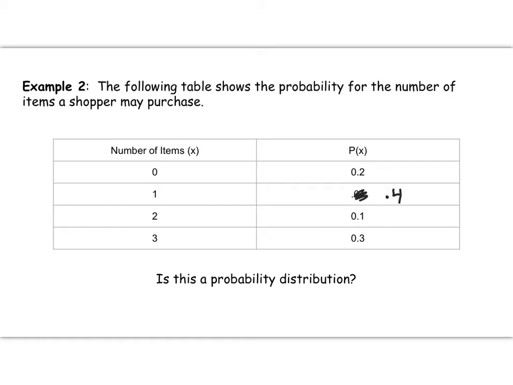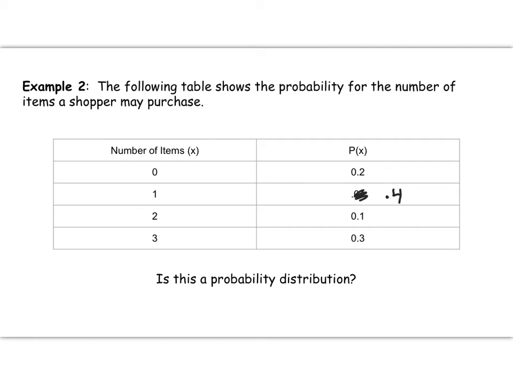So if I want to know if this is a probability distribution, I look at all these values. That 0.2, 0.4, 0.1, and 0.3 are all greater than or equal to 0, but less than or equal to 1.